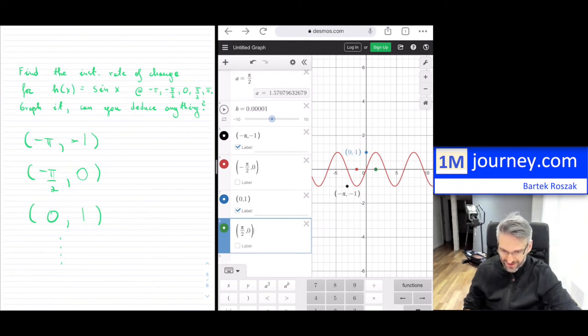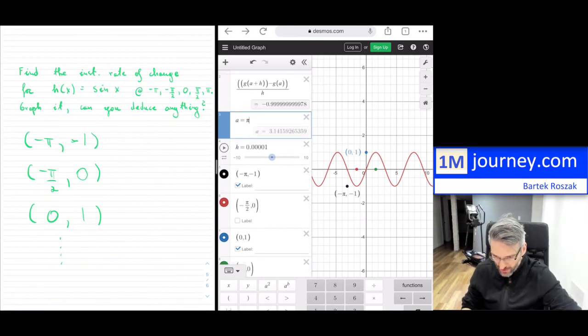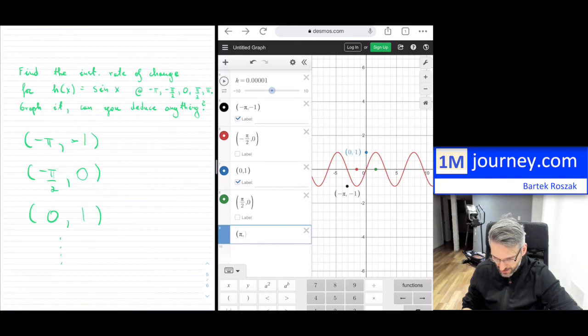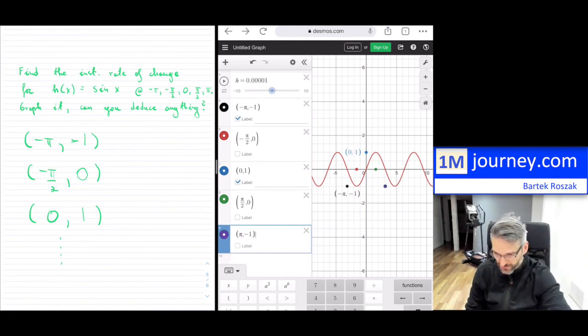And then at pi, which is going to be negative 1. I just want to show you, and notice it's negative 1. So at pi, it's negative 1. So now we have these points, right?